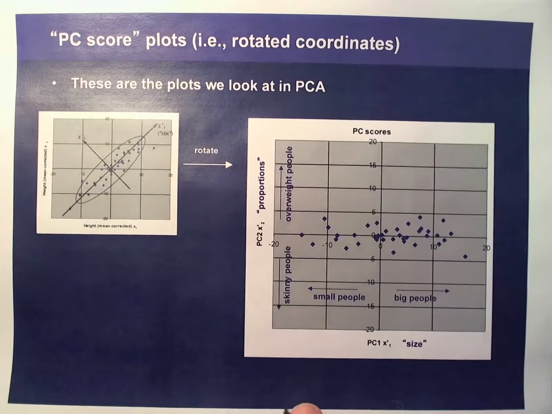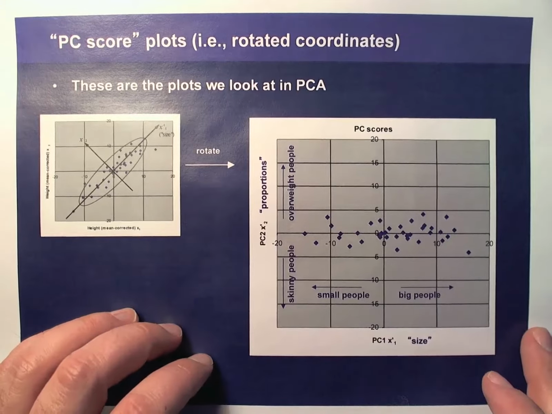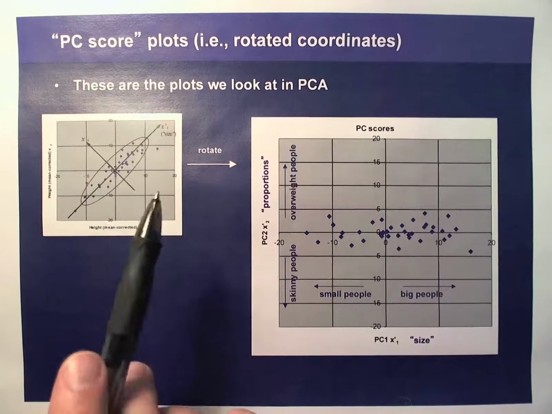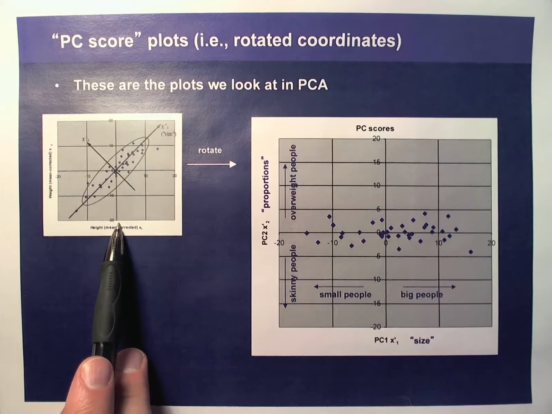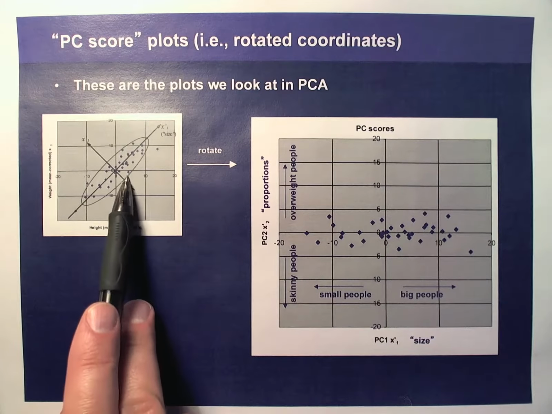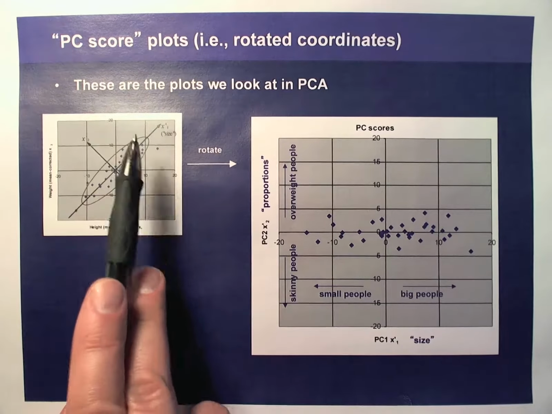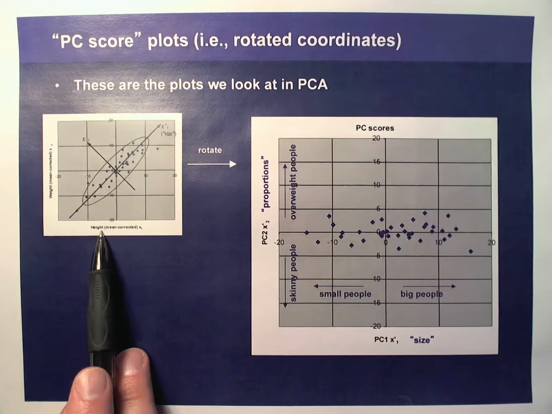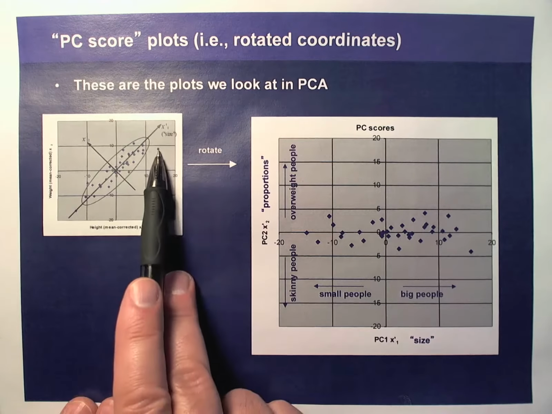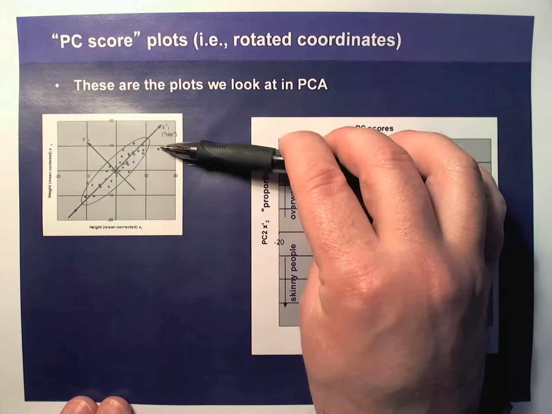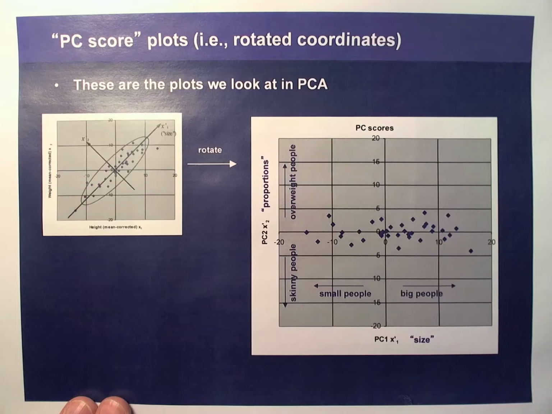Well, we can interpret what this means as follows. Let's come back to this diagram first. If you are one of these points, and if you are, let's say this one, to the right of the vertical axis, it means that your height is above average. It's greater than the mean. That means you're a tall person. If your weight is above the horizontal axis, which this person is, it means you are heavier than the average person.